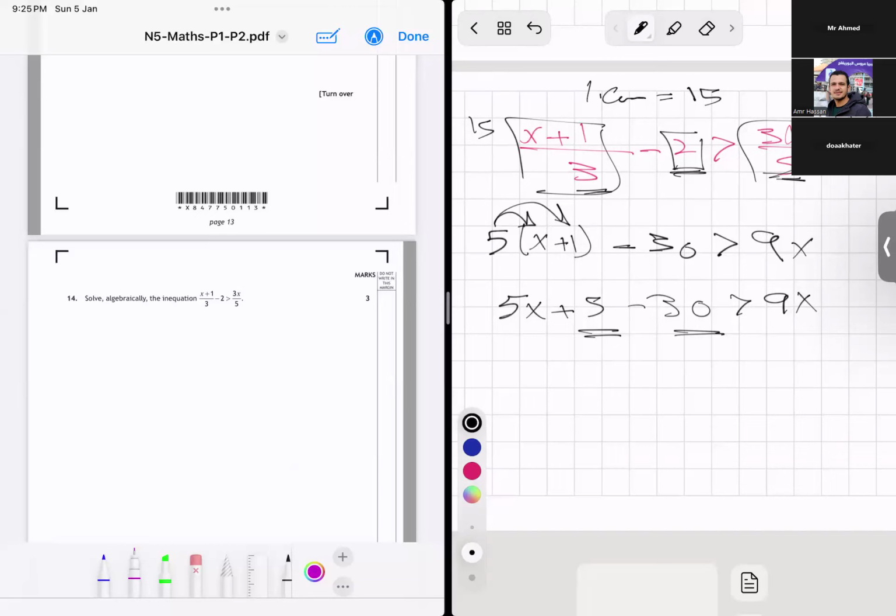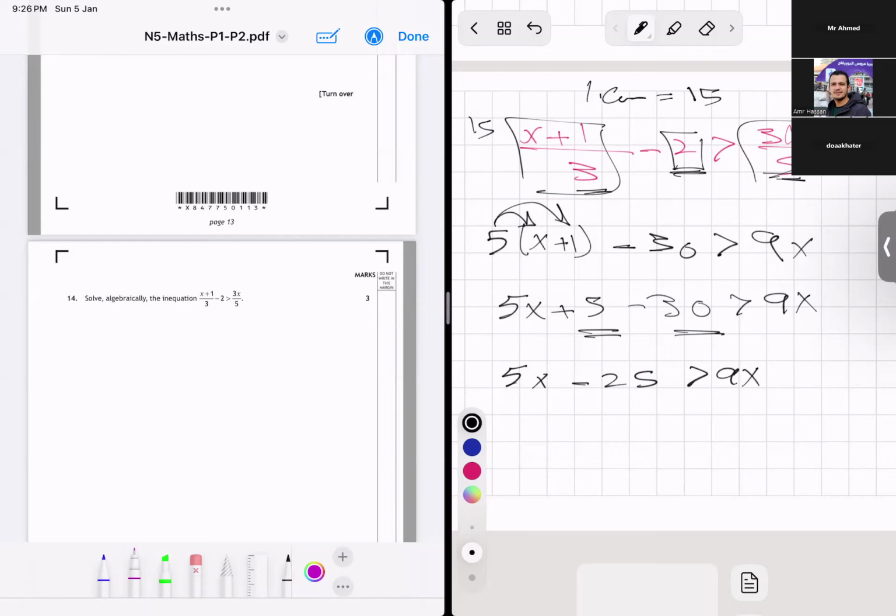So this one is 5x. Let me write it. 5 minus 30, so this one's going to be negative 25, right? Greater than 9x. Makes sense.